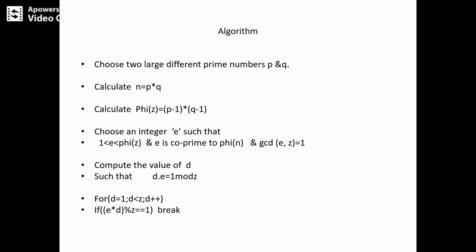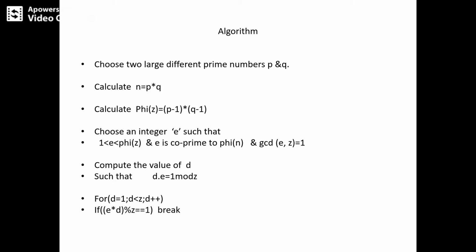N is again the product of two numbers, n is equal to p times q. One more very important condition e should satisfy: gcd of e comma z equals 1, the greatest common divisor of the selected integer value and phi of z equals 1.